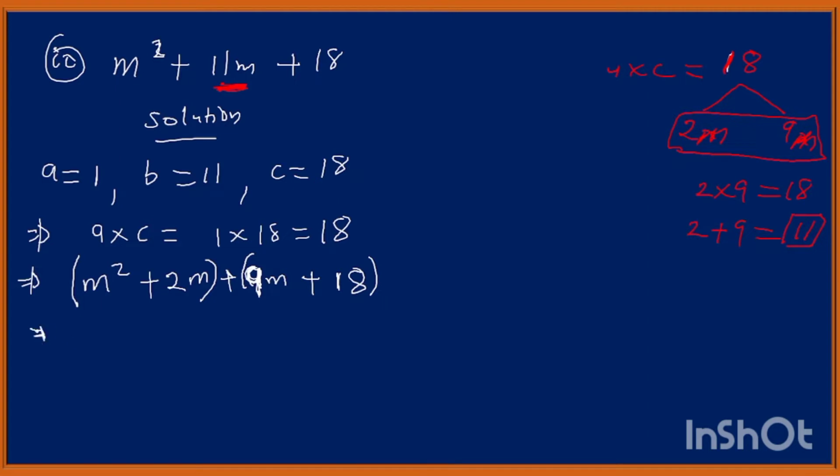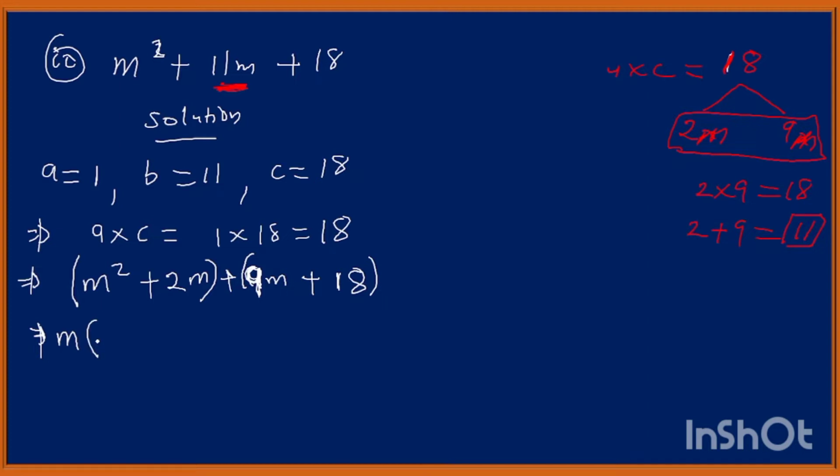The next step is to take what is common in the first bracket. What is common between m squared and 2m? It is a term that, when each of them is divided by it, gives no remainder. The only thing common there is m, because m squared divided by m leaves no remainder, and 2m divided by m leaves no remainder. So we factor out m.